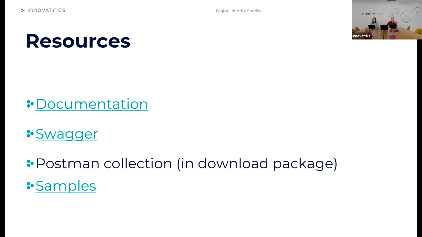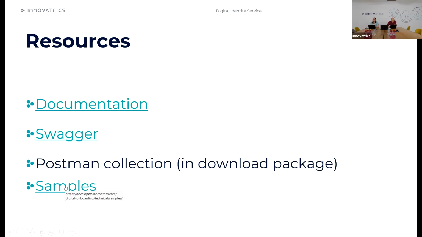So for the resources, we have updated the documentation page to provide the new documentation for this product. The Swagger is online. The Postman collection is in the download package. This is what I've been demonstrating.